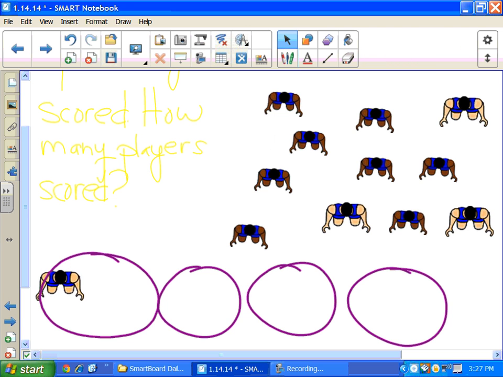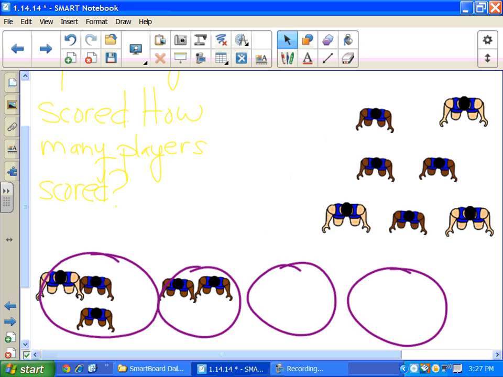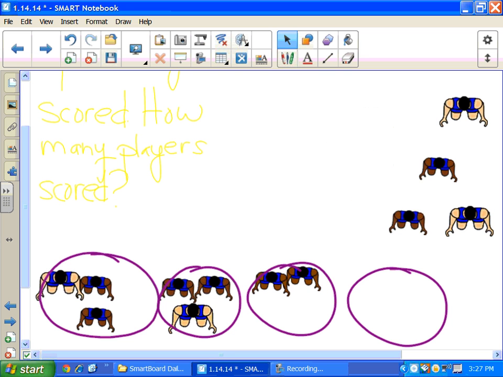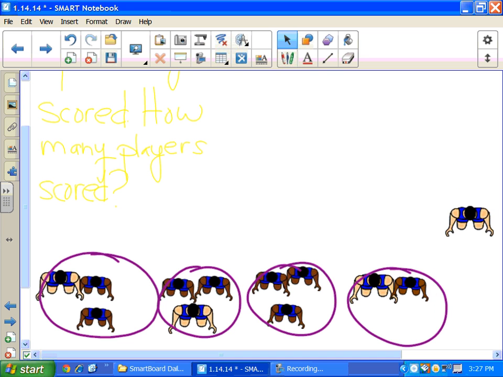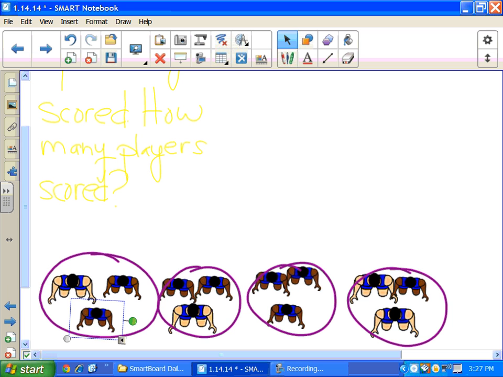So I'm going to put 3 players in each group. And you can see I have 4 equal groups because each group has 3 players in it.